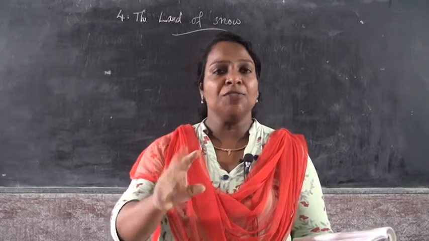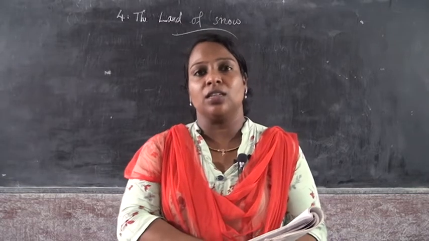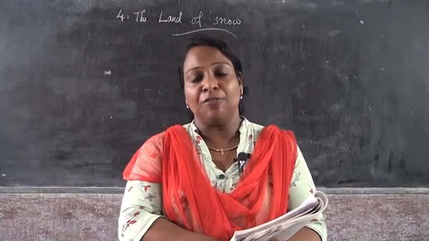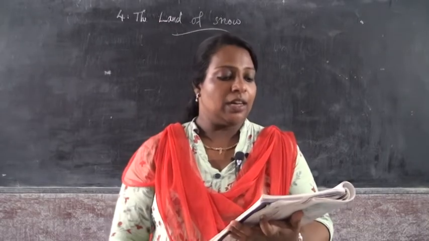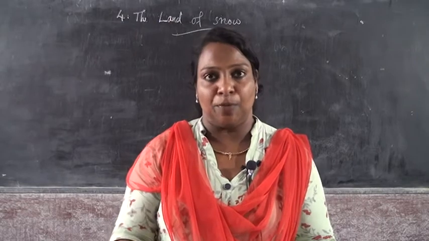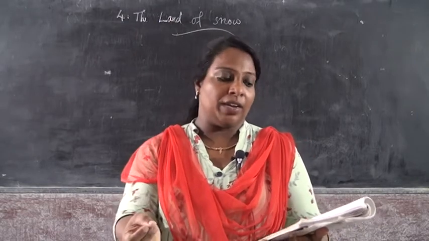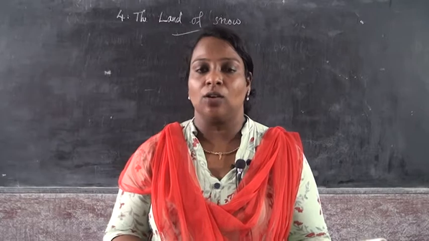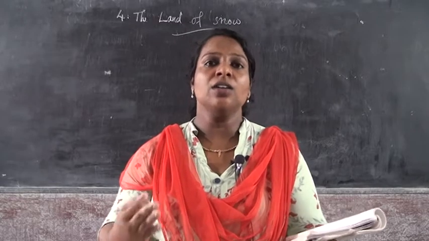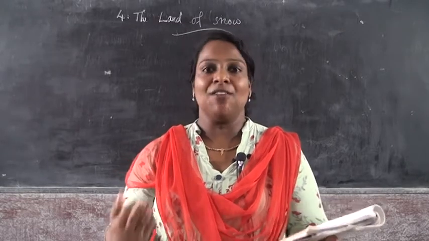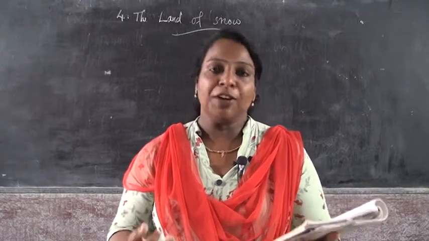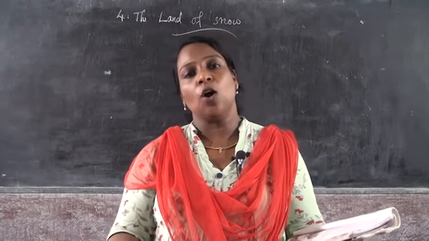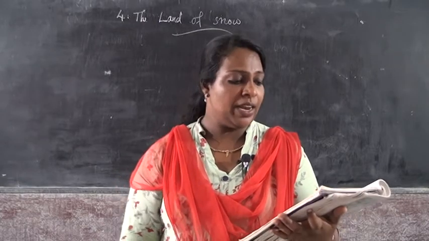Okay, so that is the first point. In your textbook, the question asks you to write 5 sentences about climate. The first point is that Greenland has an Arctic type of climate. The second point is that the winters are long and cold. The third is that the sun does not rise for several weeks, so the temperature drops below the freezing point and it snows heavily.